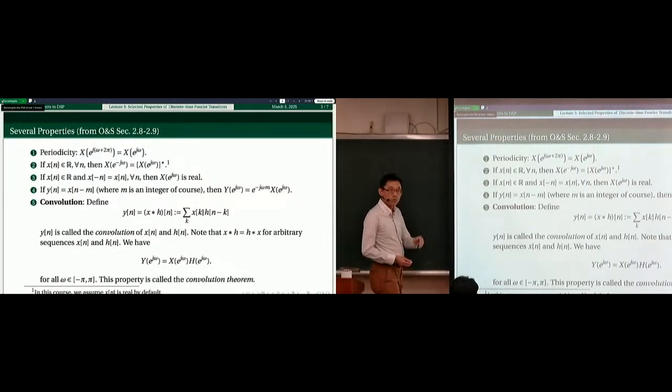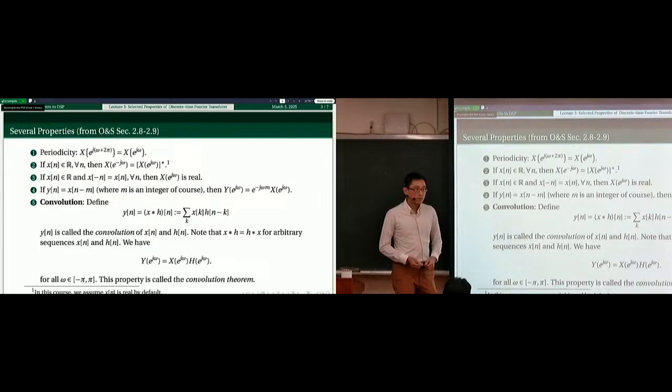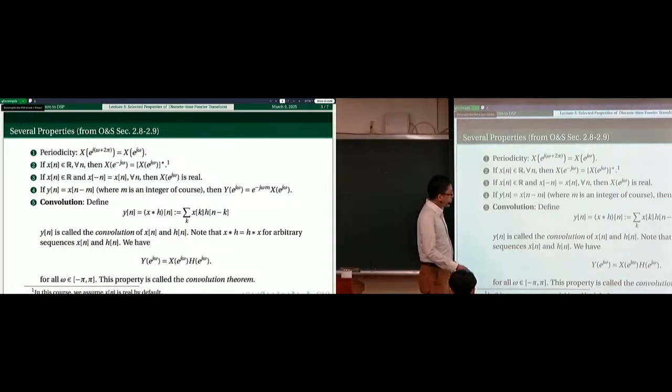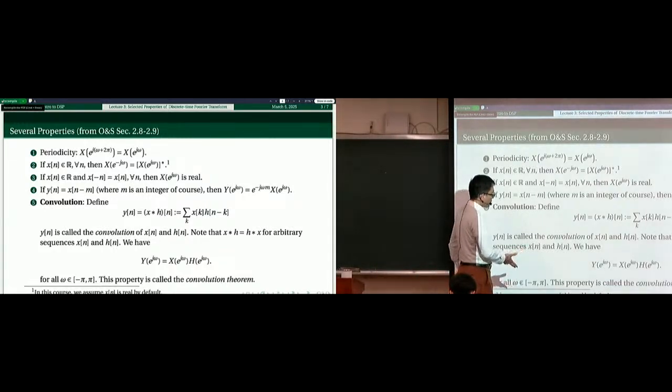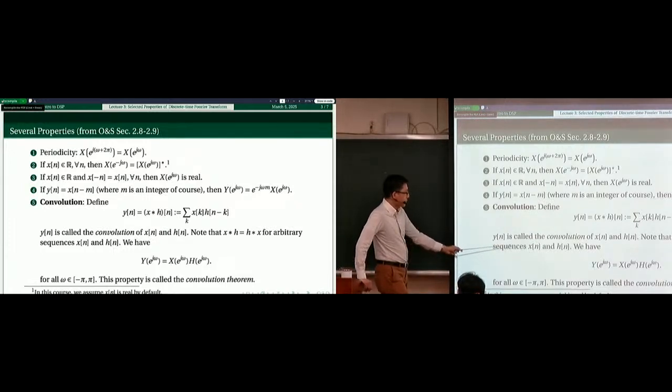It doesn't matter: x convolved with h equals h convolved with x. You can check that. Convolution is like addition and multiplication, it is also commutative. The two of them are equal for any arbitrary sequences x and h.